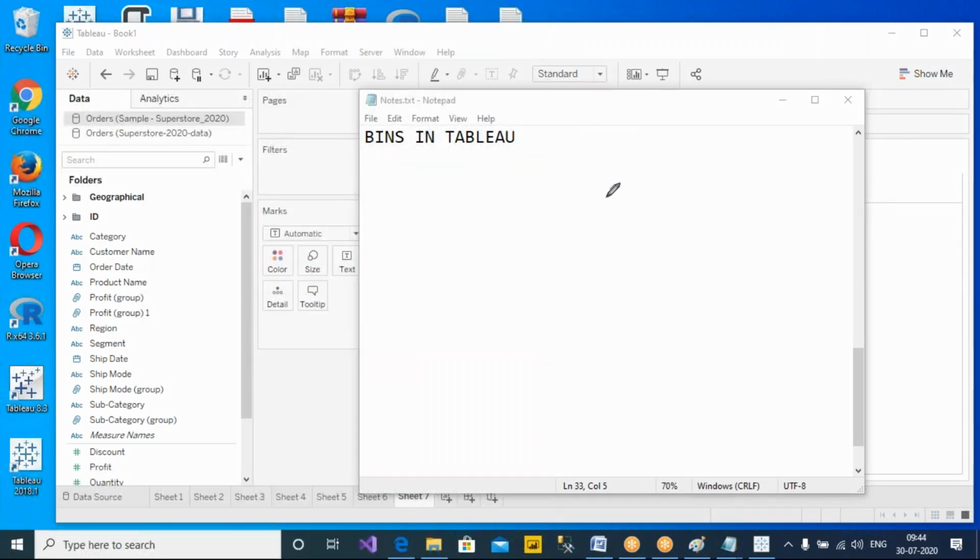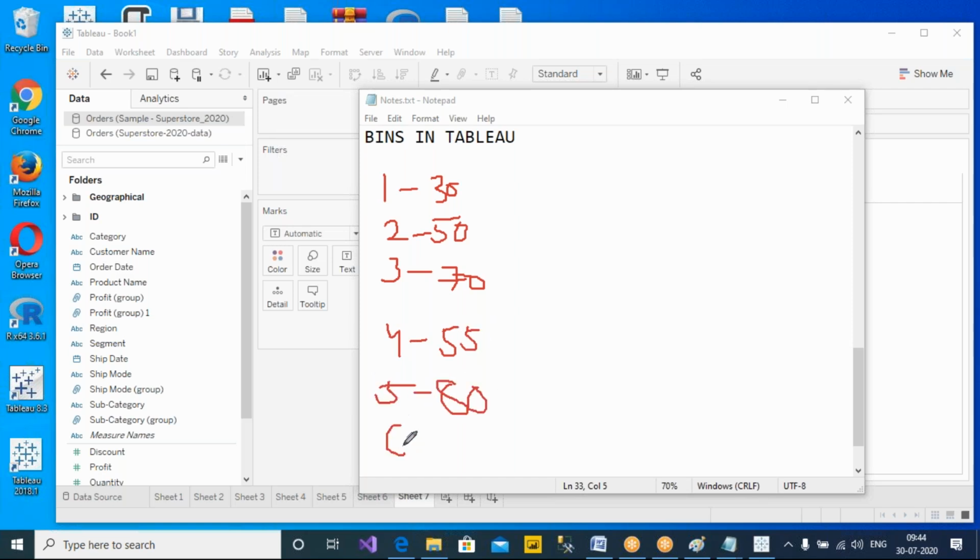Let's talk about this here. Maybe in our childhood days, we were building this type of chart. How do we do that? Let's say student 1 has got 30 marks, student 2 has got 50, student 3 has got 70, student 4 has got 55, another student has got 80, and the sixth one has got 90.